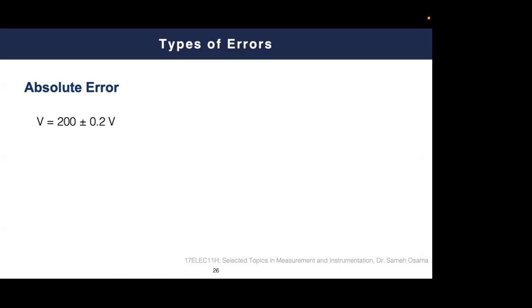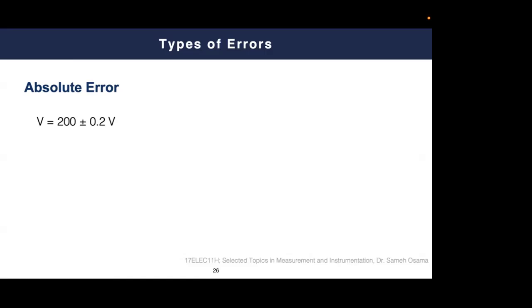Sometimes you will get 200, 200.1, 200.2, 199.8, 199.9, and so on.